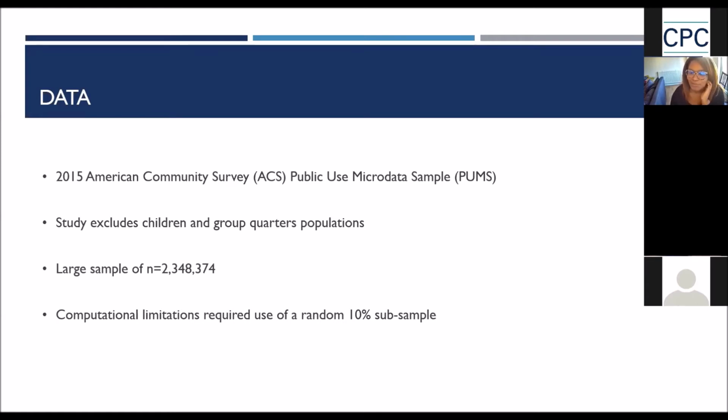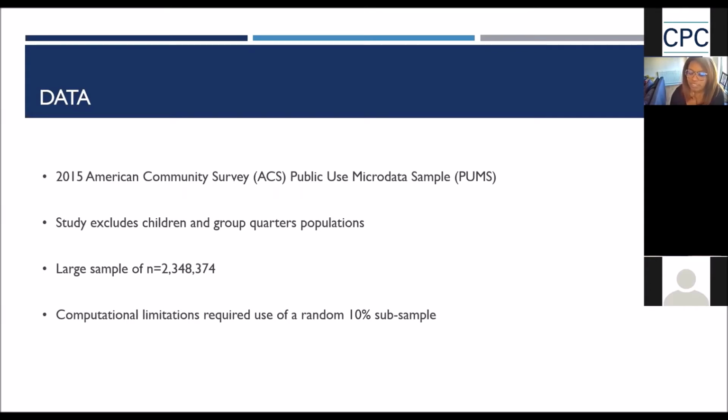And for those of you who attended my first FemQuant seminar back in 2017, you know that I burned one of the uni's hard drives at Edinburgh trying to run my analysis. So I ended up taking a 10% random subsample, and I ended up with about 234,000.